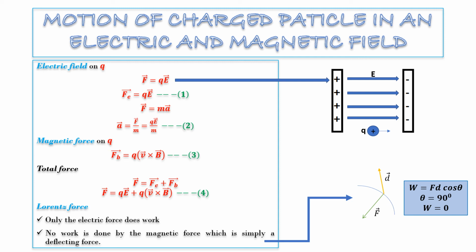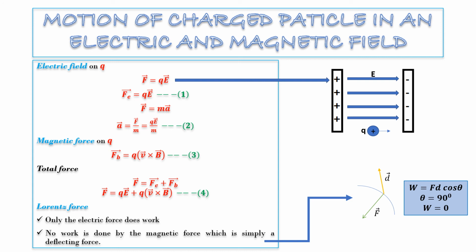Cos 90 equal to 0. So work done equal to force into displacement into cos theta. Instead of theta we put 90, so cos 90 equals 0. Anything into 0 becomes 0. So force into displacement into 0. Finally we get work done W equal to 0. In this diagram we can easily see the force is perpendicular to the displacement.